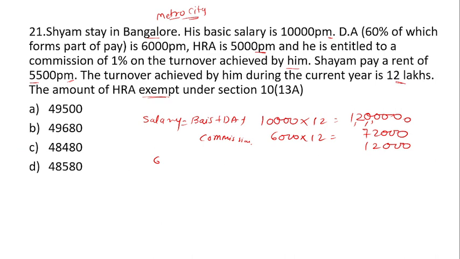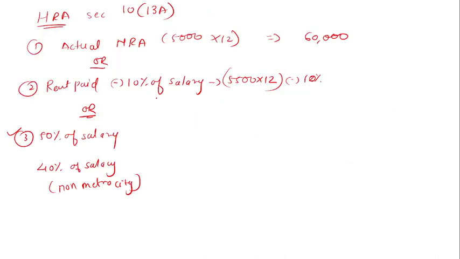Okay, so in this we will total this. So here is the rent paid, 5,500 multiplied by 12, and that is 66,000.